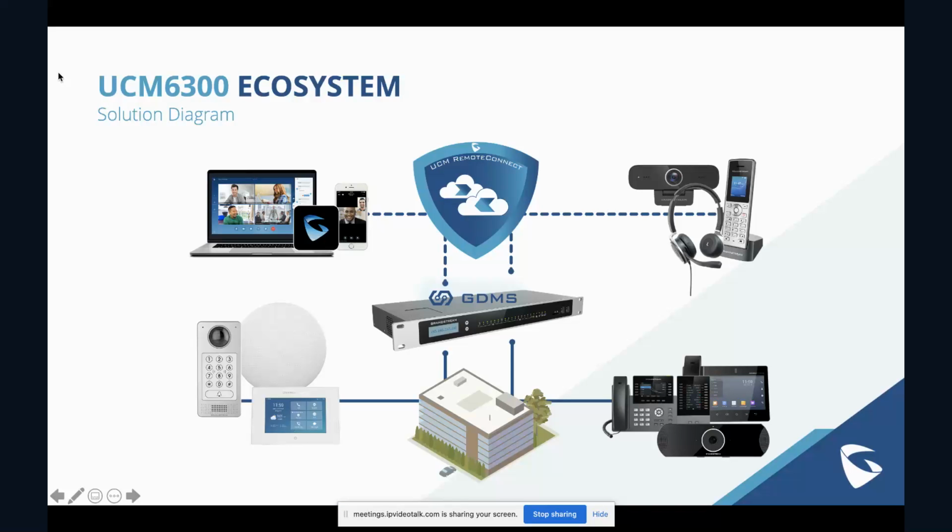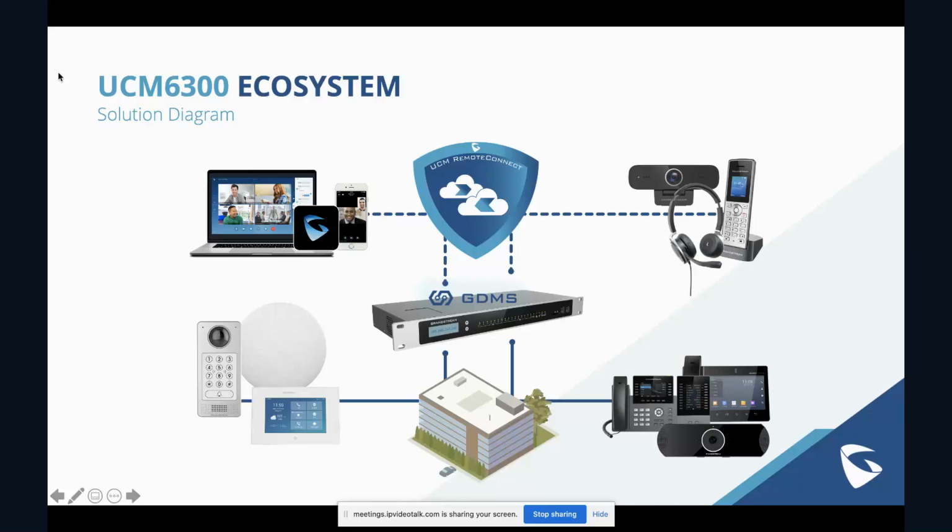And now the Wave app is what allows anyone to access their UCM6300 series from anywhere on any device, an Android and an iOS app, as well as a desktop version for PC and Mac. It allows you to use any of those devices to make and receive calls with SIP extensions registered to the UCM6300 series.